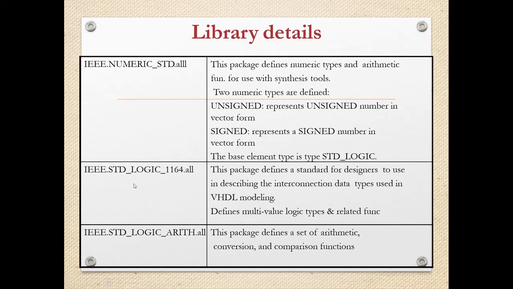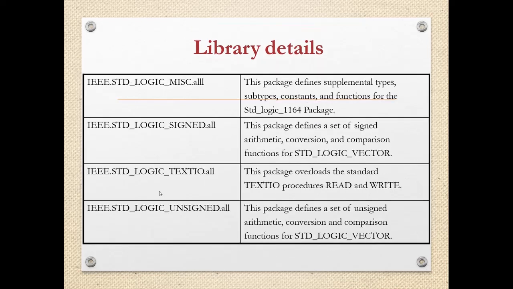So that 9-valued logic is available in this library, and mostly we will be using this. The next library is IEEE.std_logic_arith. For arithmetic operations like comparison and conversions, we will be using this library. Next are some miscellaneous libraries, then again signed, text IO, unsigned. So for that the different libraries can be used or called.